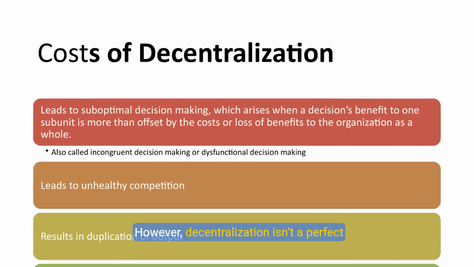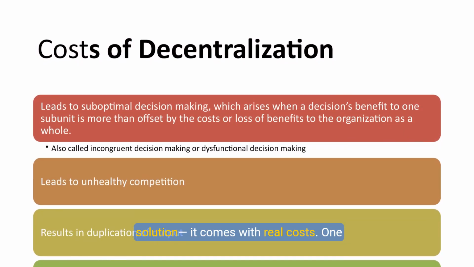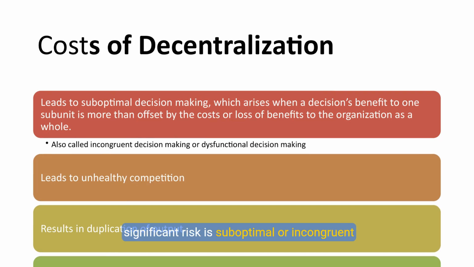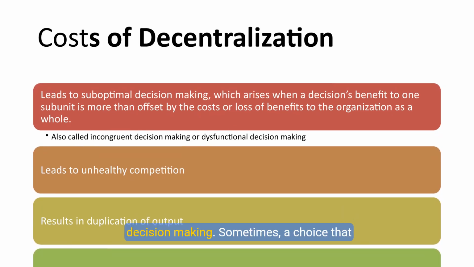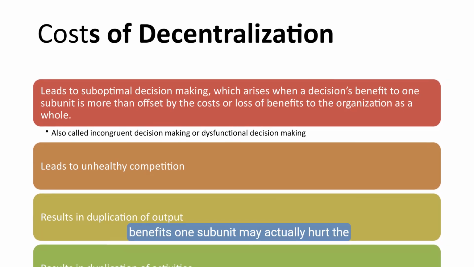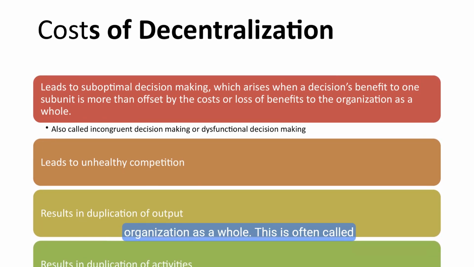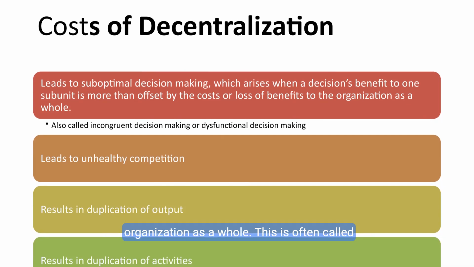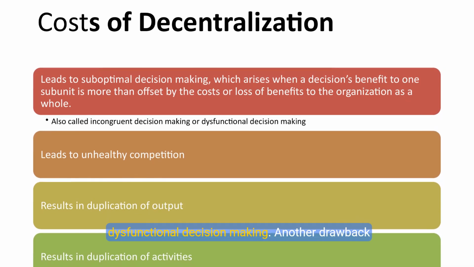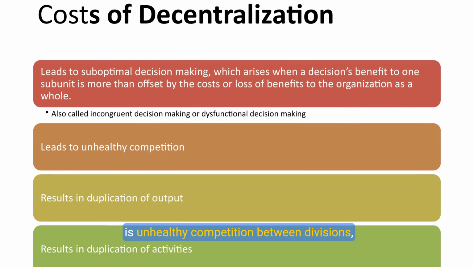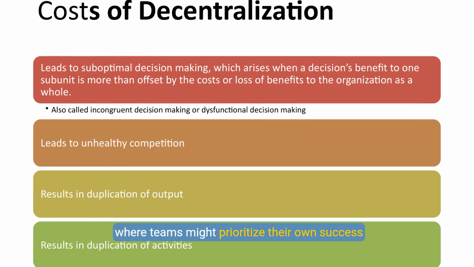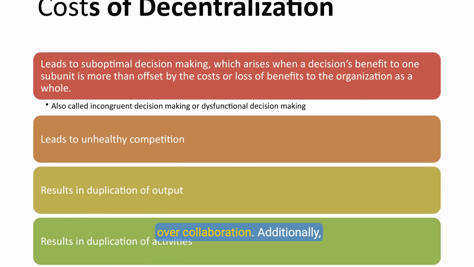However, decentralization isn't a perfect solution. It comes with real costs. One significant risk is suboptimal or incongruent decision-making. Sometimes, a choice that benefits one subunit may actually hurt the organization as a whole. This is often called dysfunctional decision-making. Another drawback is unhealthy competition between divisions, where teams might prioritize their own success over collaboration.